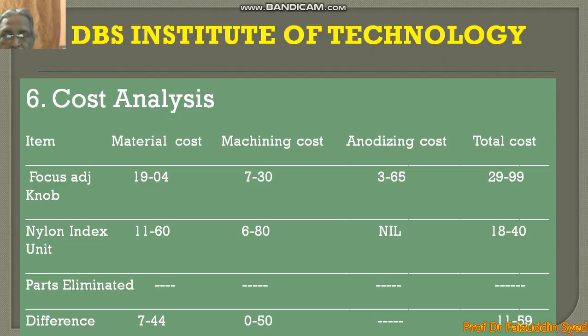Now you can see the cost analysis. Here a table is there where you can see the focus adjust knob, which has been replaced by a nylon index unit.